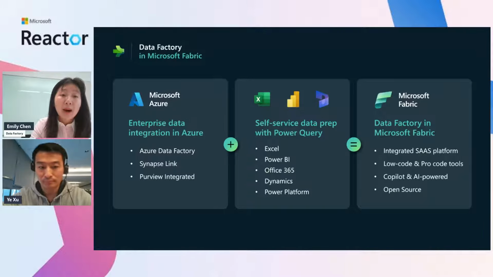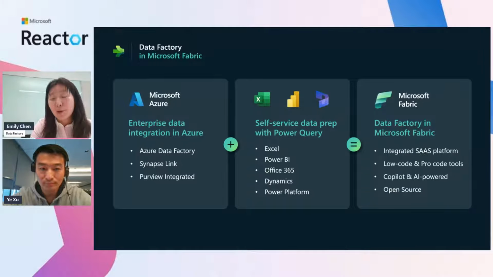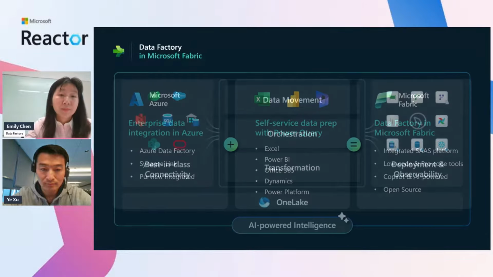Combining ADF, the enterprise data integration, and self-service data preparation together, we bring you Data Factory in Microsoft Fabric, which is an integrated SaaS platform. We bring you the low-code and pro-code tools together. The whole Data Factory is AI powered, and we also embrace open source. You will see the open source modules in Fabric.